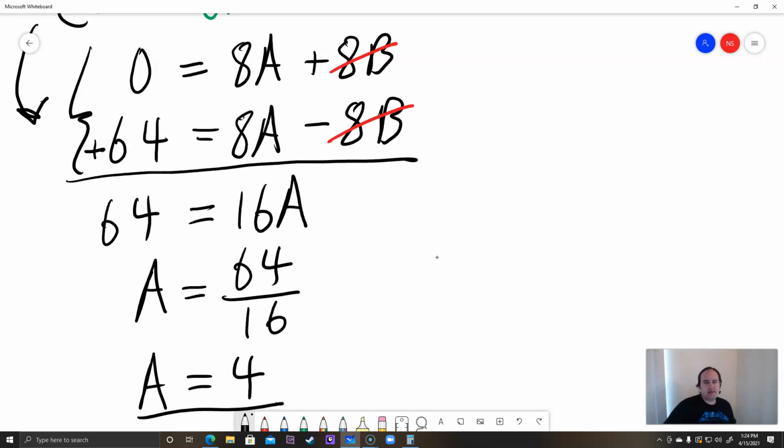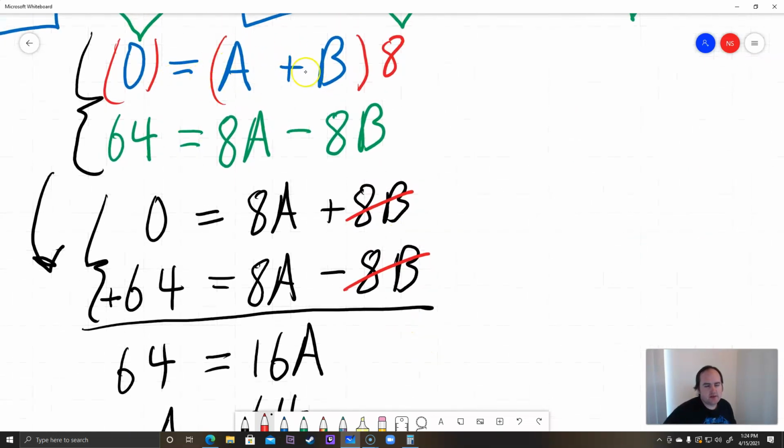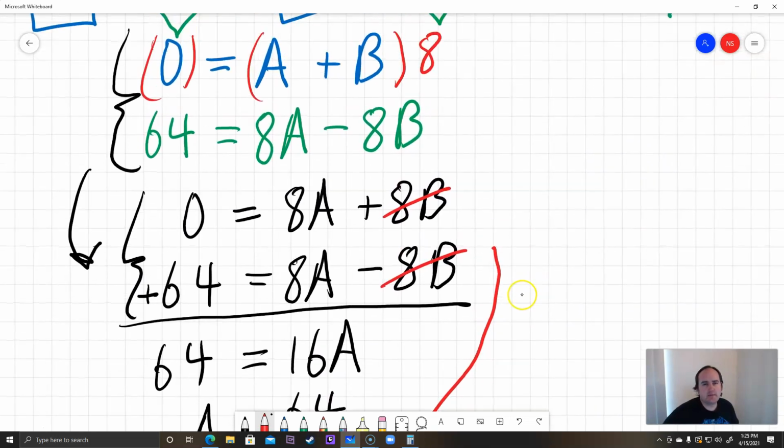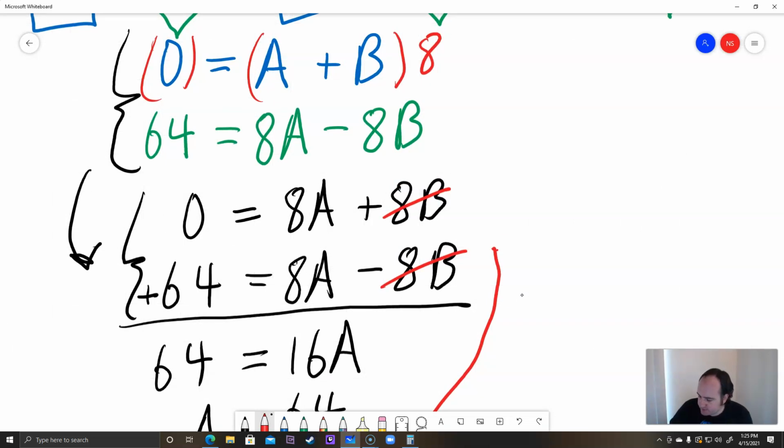And then to find b, we can plug a equals 4 into one of the original equations and solve for b. Looking at these original equations, I'm going to choose the top one before we multiplied by 8. So I'm going to plug in 4 for a in the top equation.